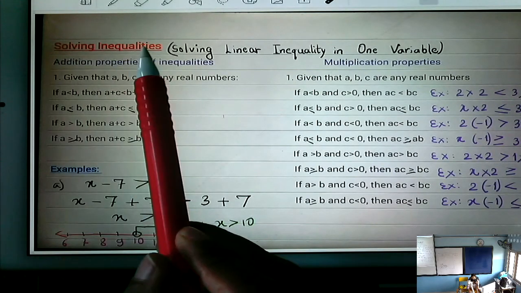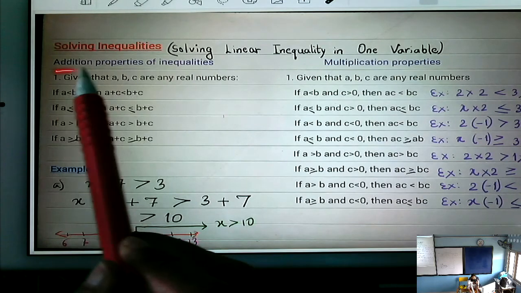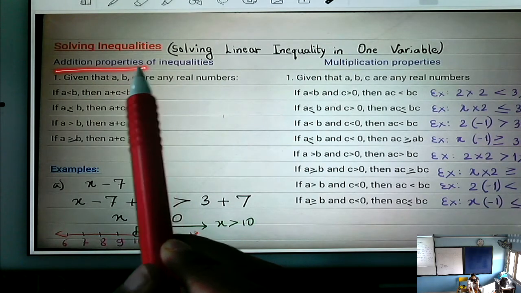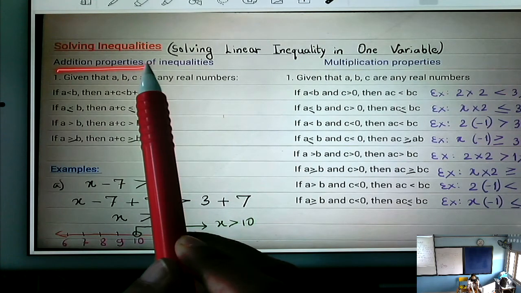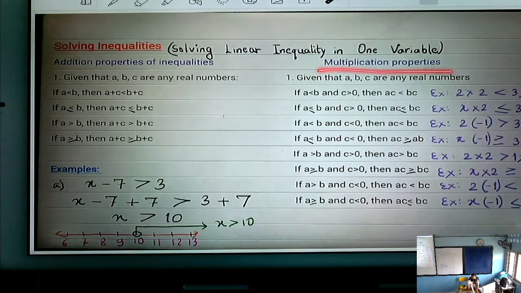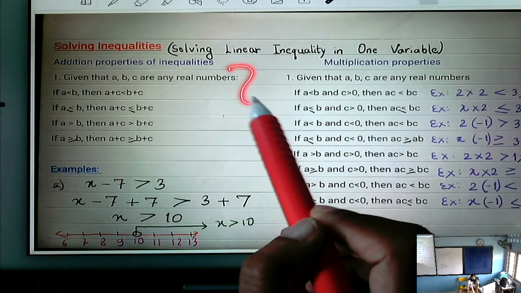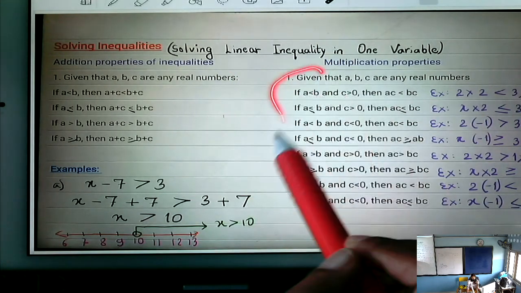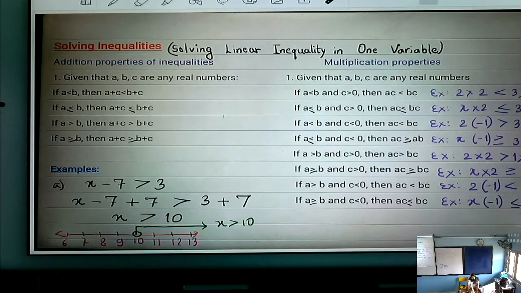Now to solve the inequalities, we have addition properties and multiplication properties of inequalities. You know addition, right? So what does the addition property say and what does the multiplication property say?